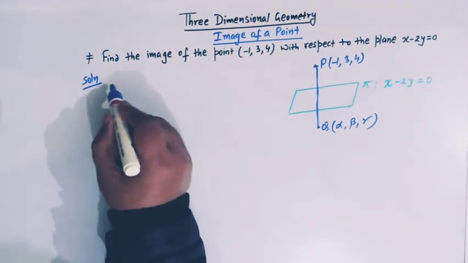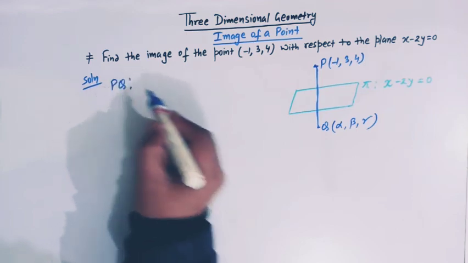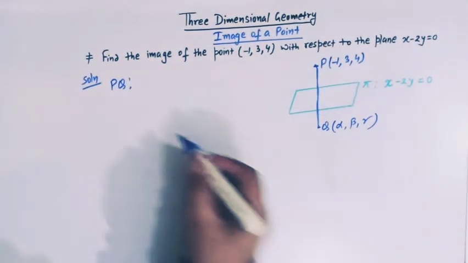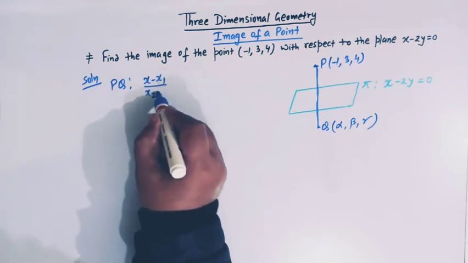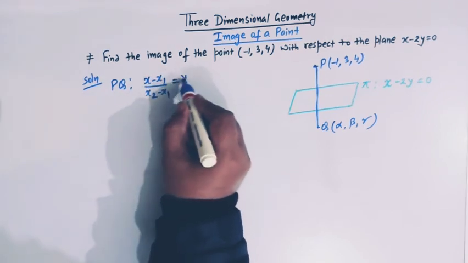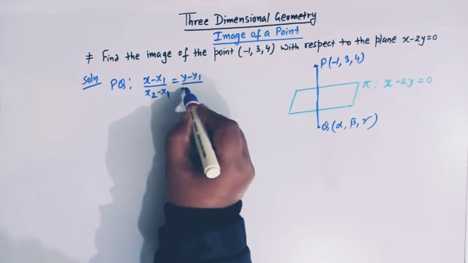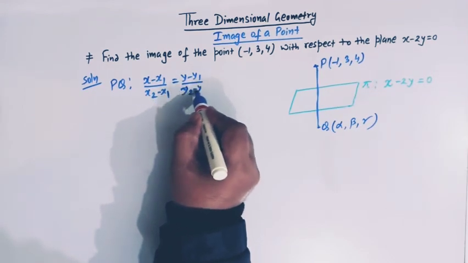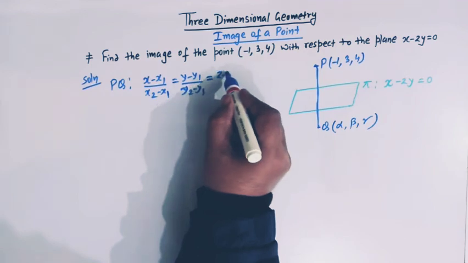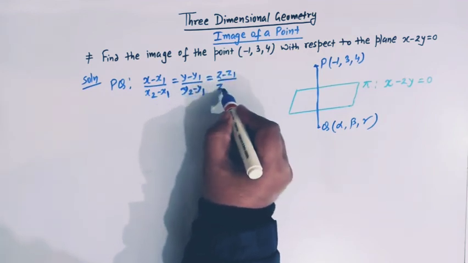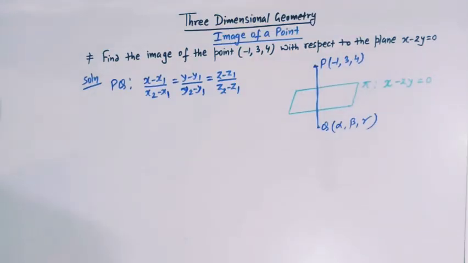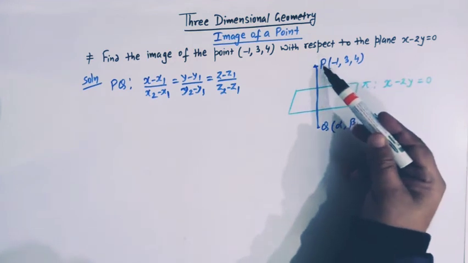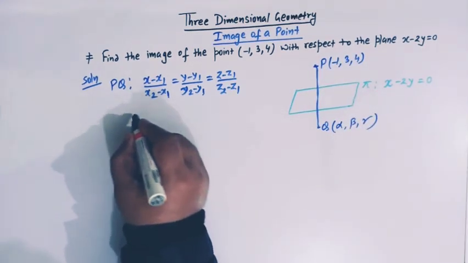So we know that the equation of this line PQ can be written as (x minus x1) over (x2 minus x1) equals (y minus y1) over (y2 minus y1) equals (z minus z1) divided by (z2 minus z1).